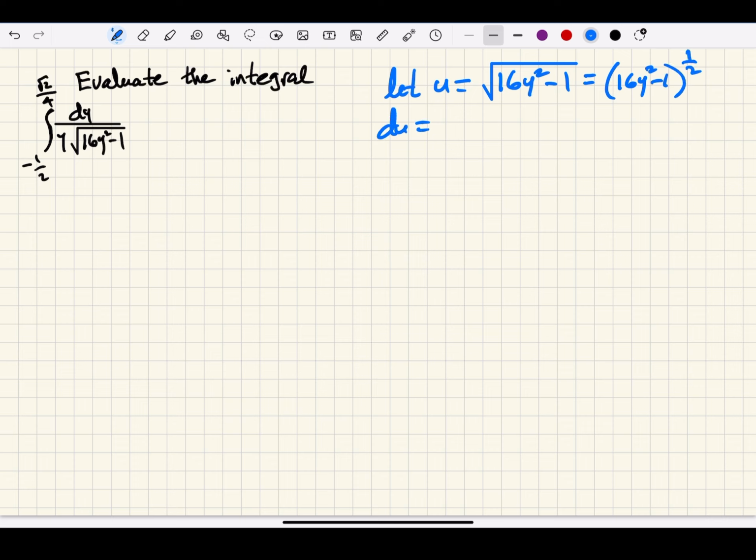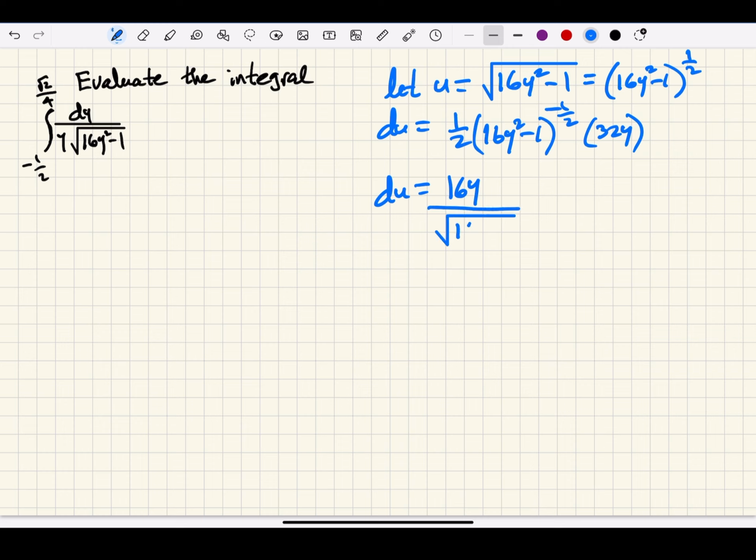Then du would be 1/2 times 16y squared minus 1 raised to the negative 1/2 times 32y. We could simplify that to 16y over the square root of 16y squared minus 1.